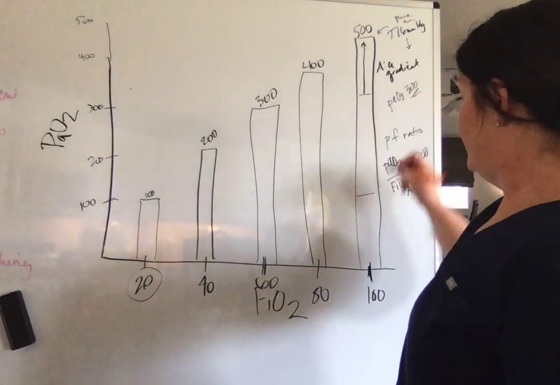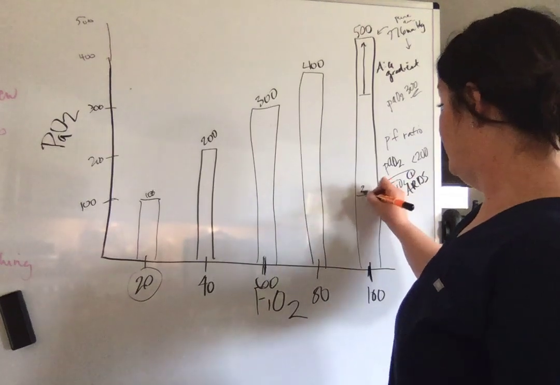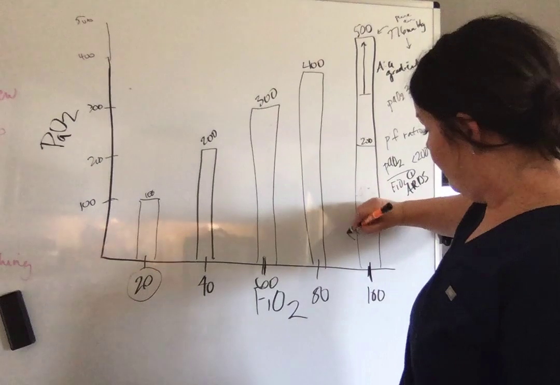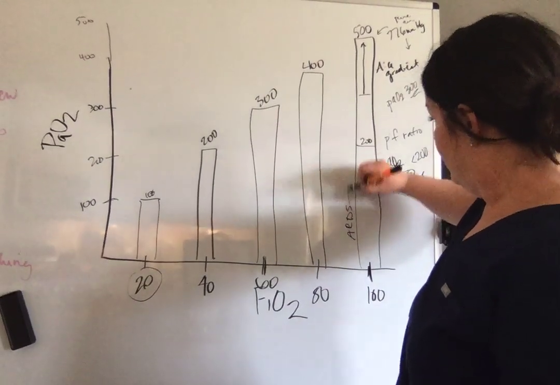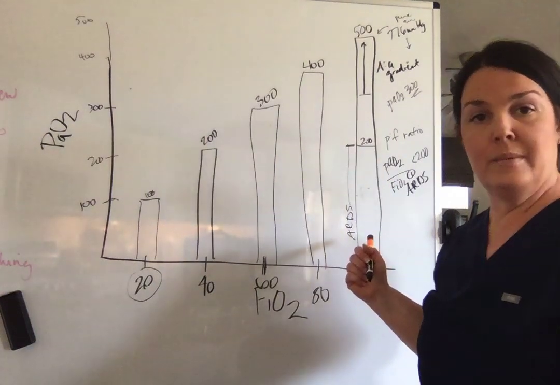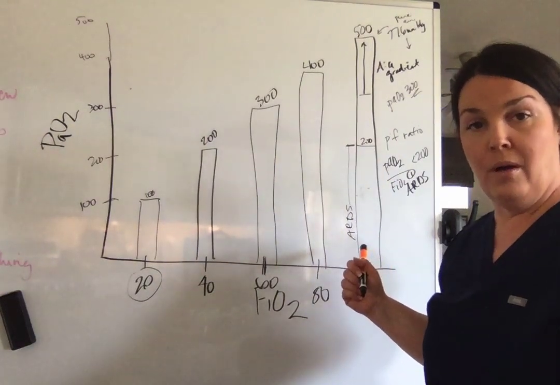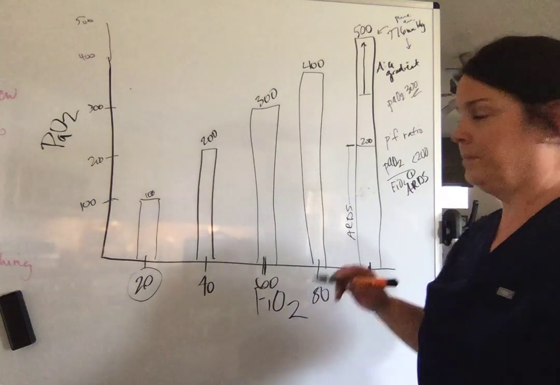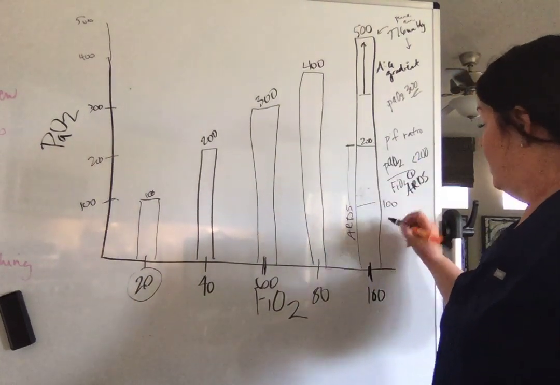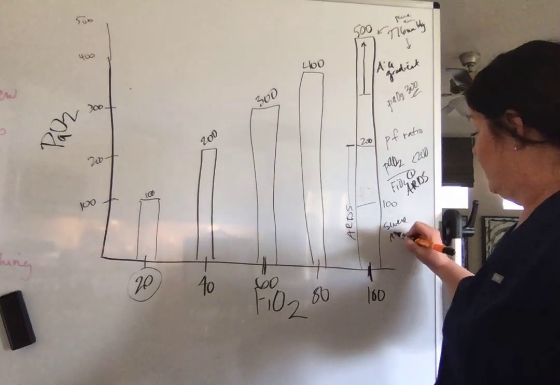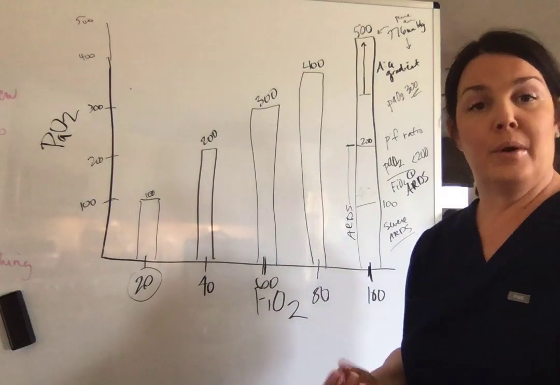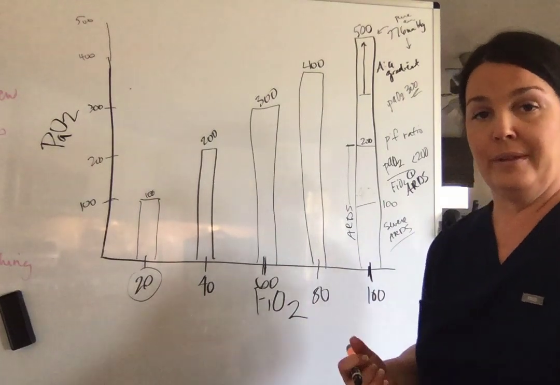So on 100% oxygen, if your PaO2 is less than 200, this is the ARDS zone. If you're in this zone with your patient, you need to be on the low tidal volume ventilation protocol, and I'll go through that in a different video. If your PaO2 is less than 100, you're in severe ARDS, and you need to be looking at salvage strategies or appropriateness of ECMO and things like that, whatever's available at your facility.